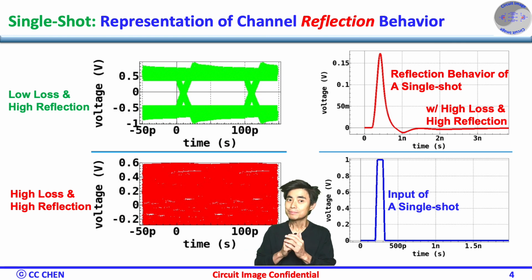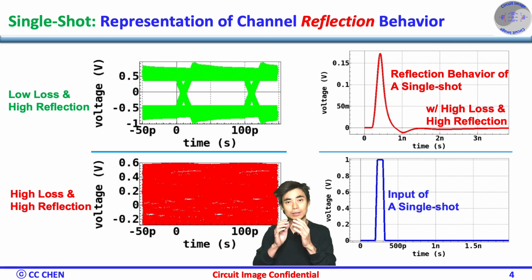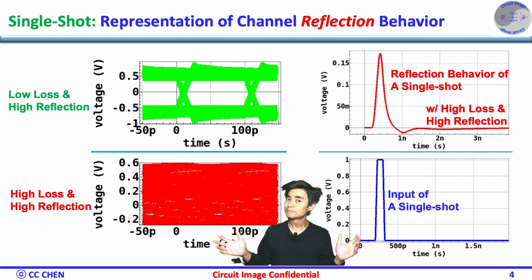If there's any impedance mismatch causing a discontinuity in the channel interface, you might see the reflection behavior from the eye diagram in a low loss channel. But do you see the reflection image from a high loss and high reflective eye diagram?